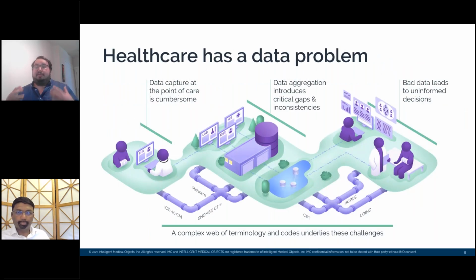Something we've been really focused on as an organization lately is the fact that healthcare has a data problem. As options for care delivery and health tracking have become more complex, sources of patient information have become significantly more abundant.